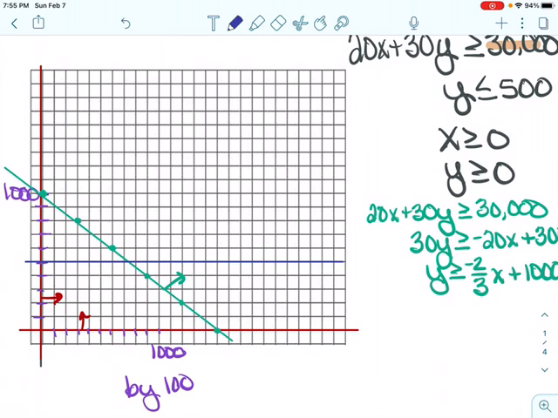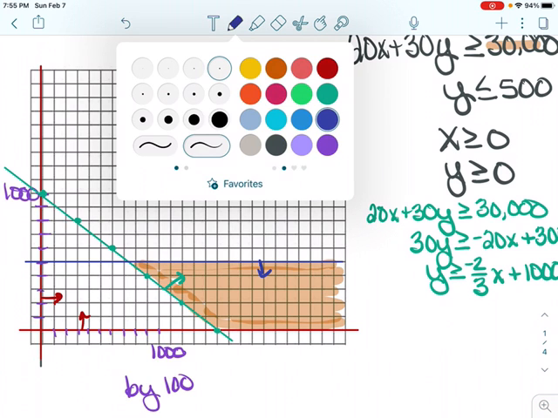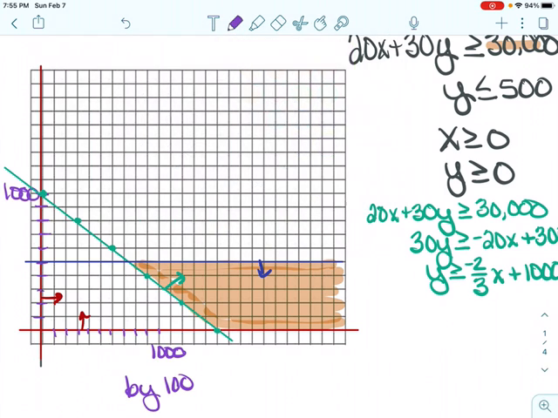Okay, there we are. And it's this way because it's less than or equal to. So my shaded region is right here. My overlapping shaded region is by those boundaries. There we go.